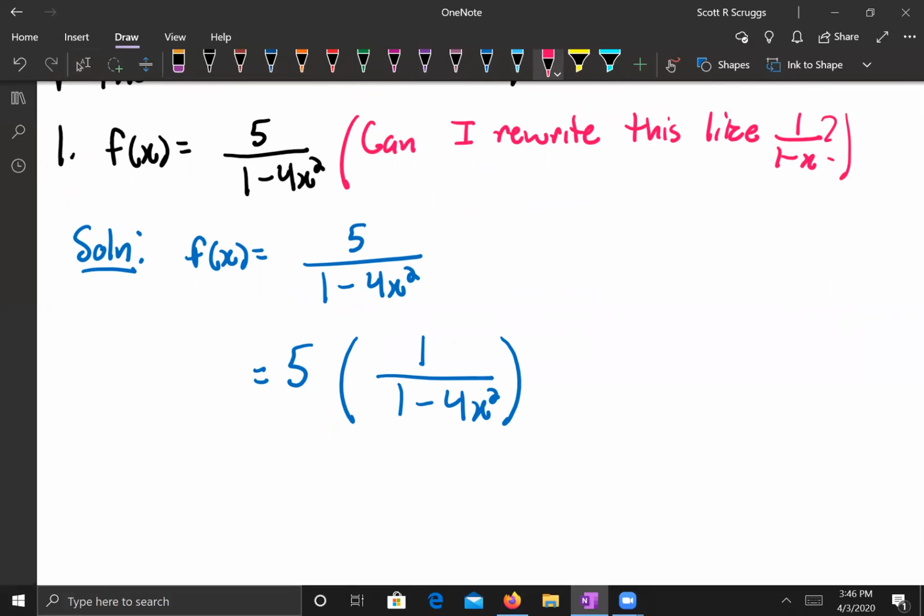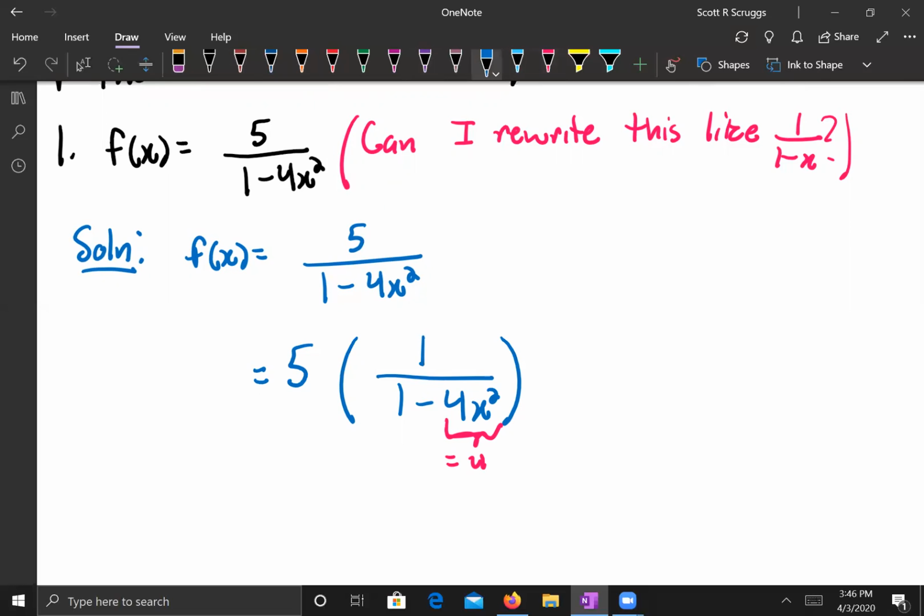And Unique sent me this message, and I like his approach. Usually, a lot of people will just leave 4x squared by itself. Well, let's pretend that that's my u, or my new variable x in that case.